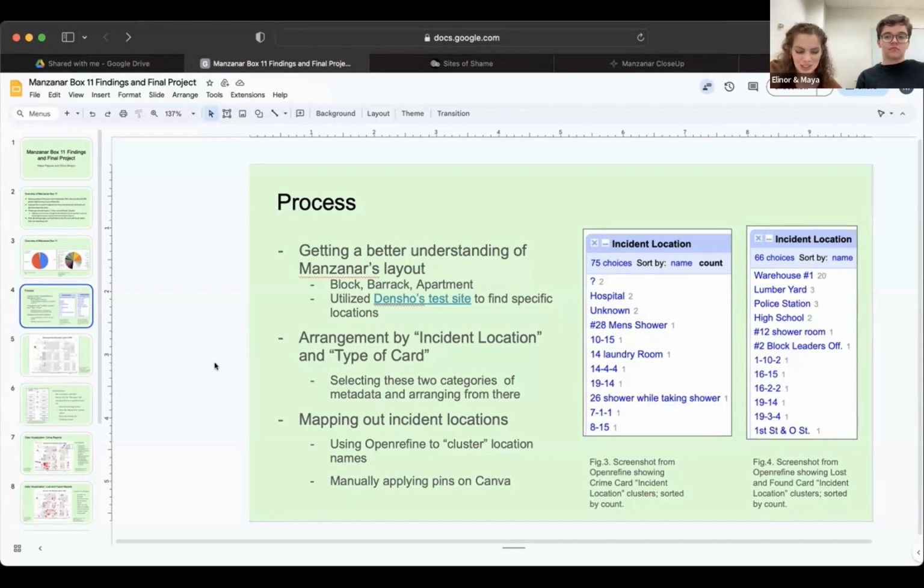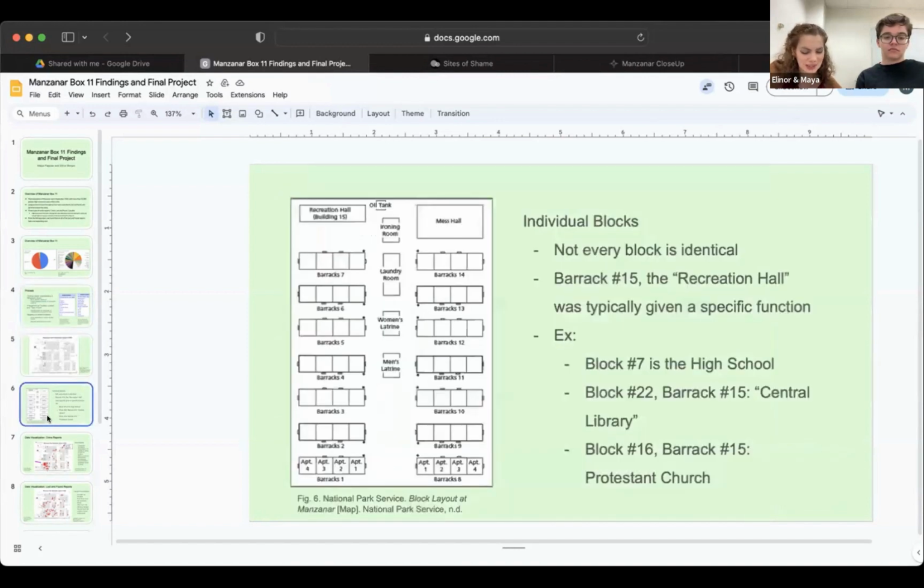So OpenRefine was very useful in that case. So we've been through these two maps, and now we've got a better idea of what everything looks like. From there we started putting pins on our map.